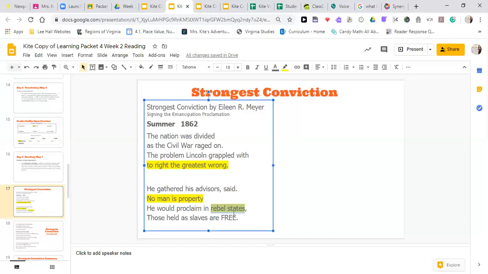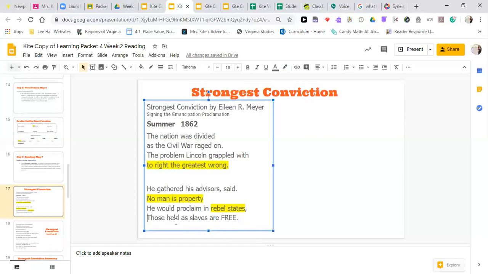The rebel states were the Confederate States of America, where slavery was prevalent. But Lincoln would say, no matter which state you were in, because even during the Civil War, the Union still viewed those southern states that seceded as part of their country, and they made these proclamations saying no. That's why there was this big war, and said, no, these slaves are free.